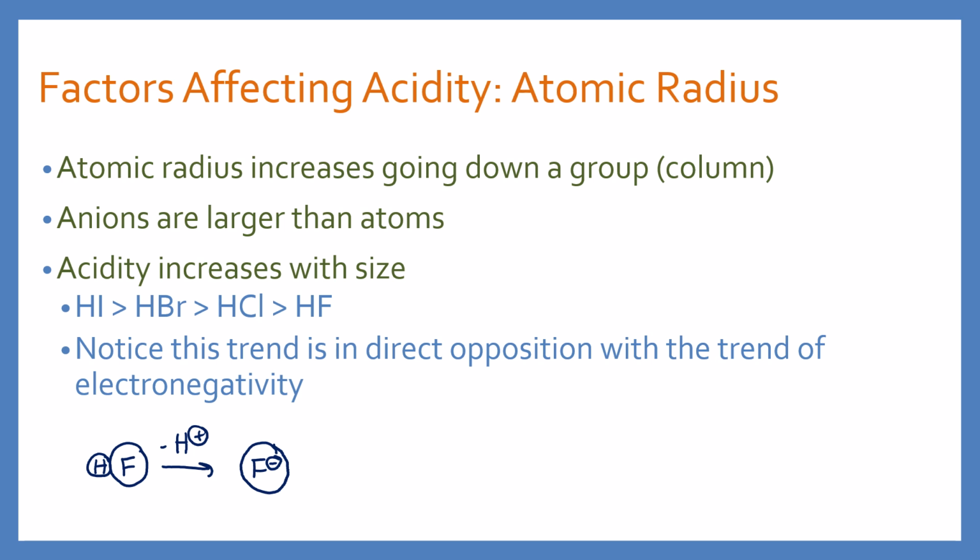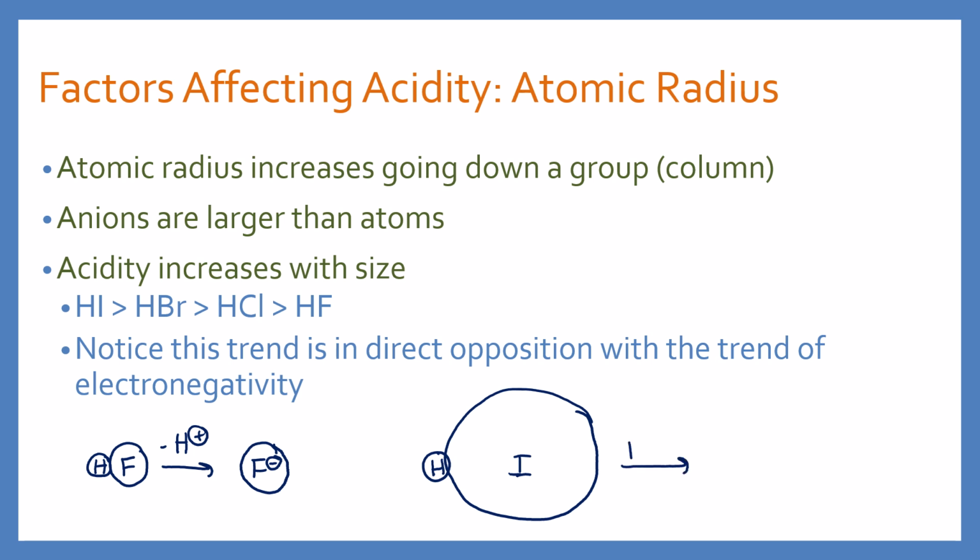Let's take a look at hydroiodic acid. Teeny tiny hydrogen. Now iodine is quite a large atom. We're down the group, right, down the column, and this is a pretty big atom.